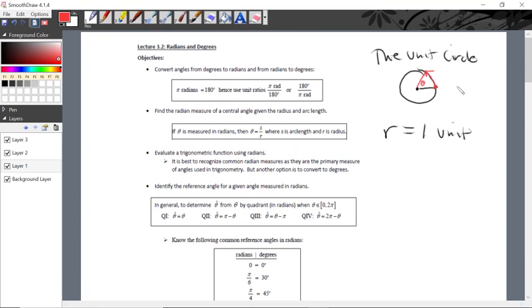Then the value of theta in radians, that is the numerical value of theta, which is being measured in radians, is going to exactly equal the distance that was traveled along this arc right here. We're going to call this distance here the variable t. That's the distance traveled along the arc of the unit circle, and that's called an arc length.